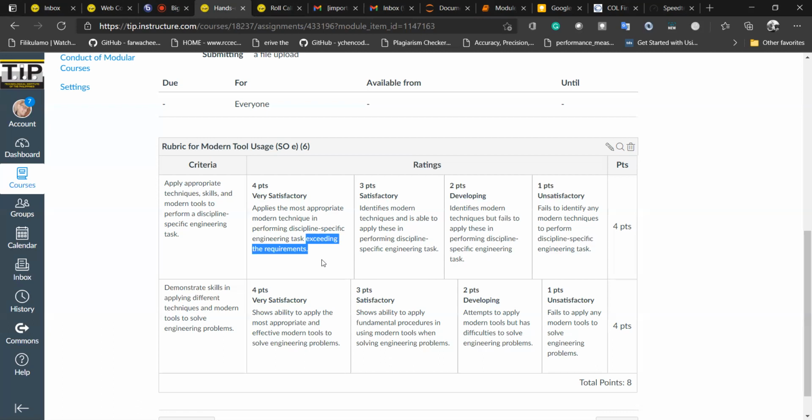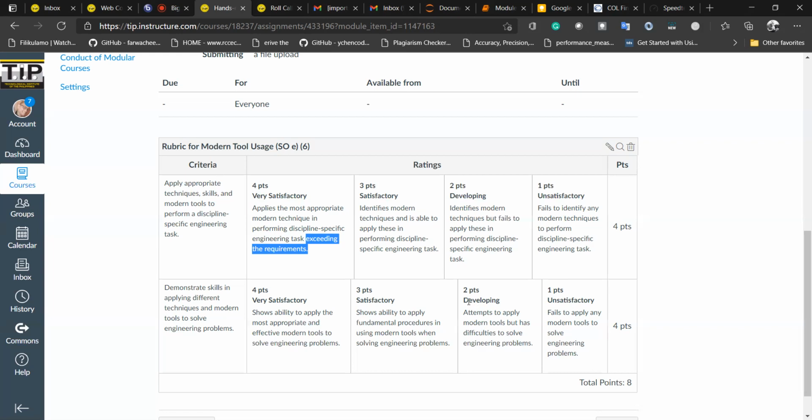If you only answer the activities and the supplementary activities, if there are any, that means you are only getting a satisfactory score. However, if you did something more than what is required, you will be getting a very satisfactory score.